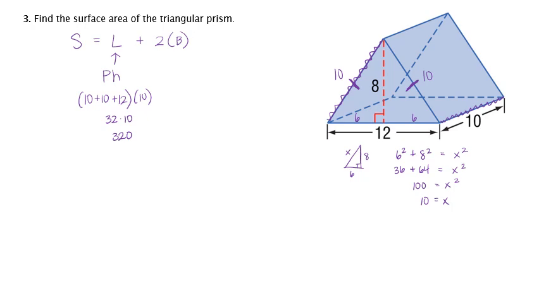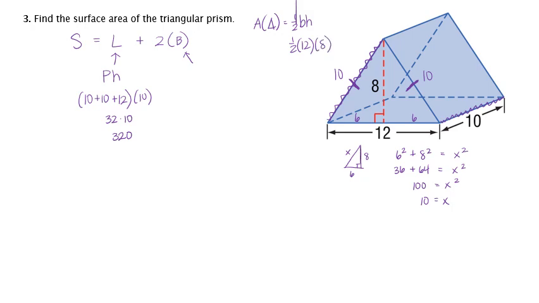Okay, so we've got to add in then our bases. So let's think about what are the bases. Well, remember that our area of a triangle is just equal to 1/2 times base times height. And we're given both the base and the height. So we're given, perhaps the base we'll call 12 and the height we'll say is 8.